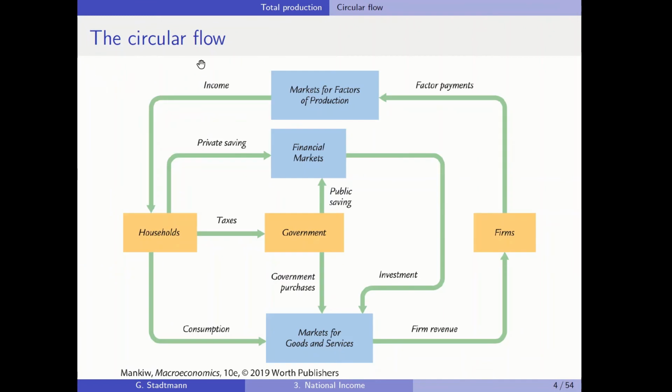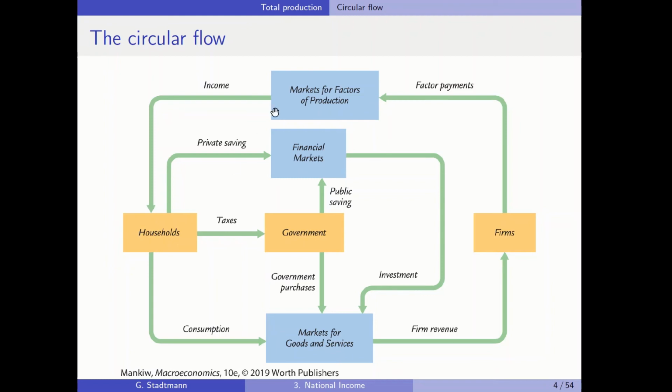The following graph highlights once more the circular flow within one economy. You can see the 3 actors: households, government, and firms. The households receive income from the market for factors of production. It is very important that we distinguish capital and labor.